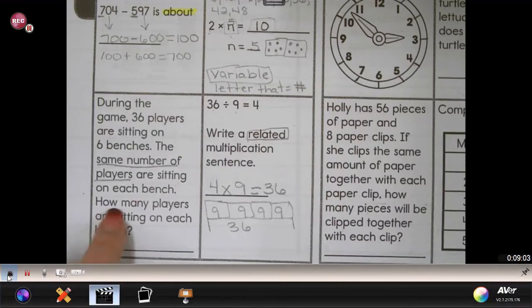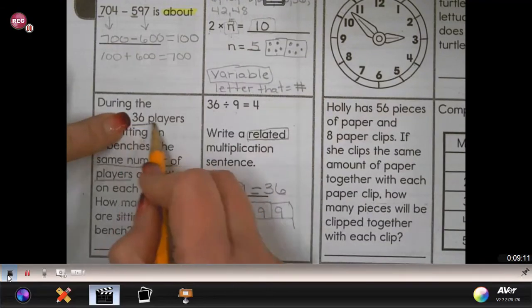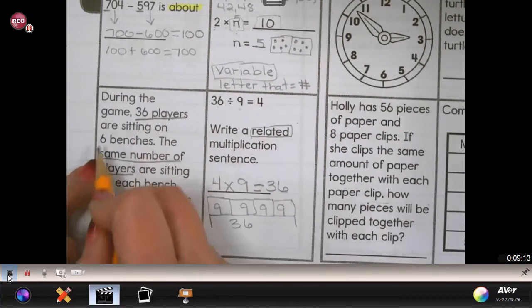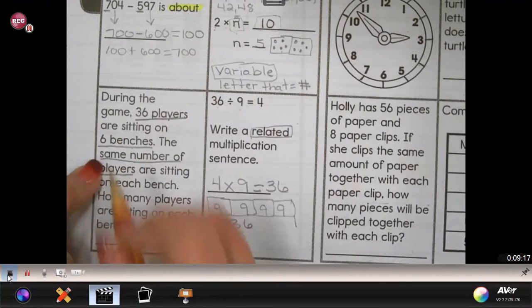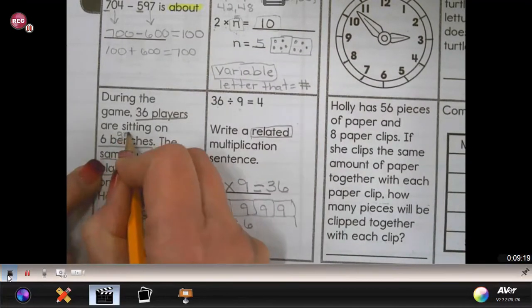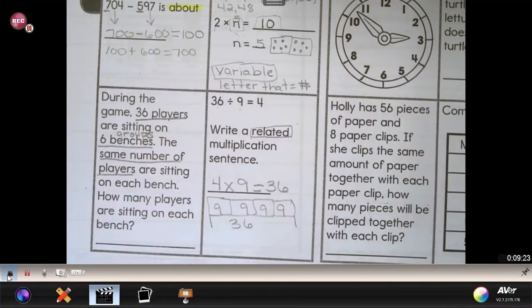The question is not asking us for a total, it's asking us for how many players on each bench. We know our total players. We're breaking them up into groups, and the groups are the benches. So each of these benches is holding a certain number of players. We need to figure out how many players are going to be on each of the 6 benches.